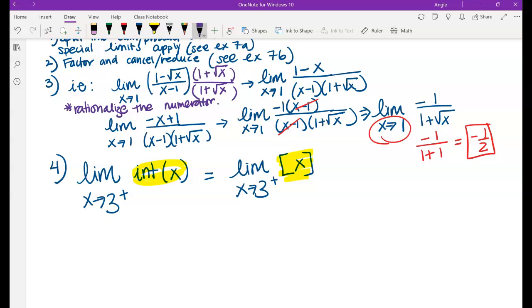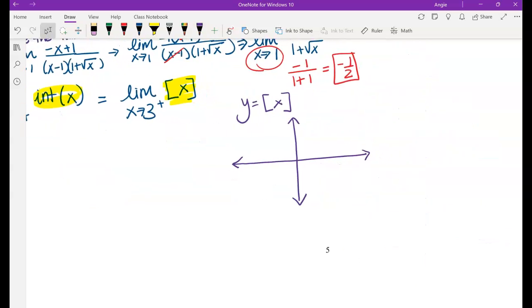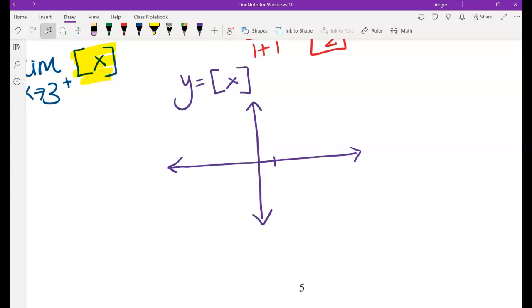So let's remind ourselves what the graph of y equals the greatest integer of x looks like. If you guys remember, these are the step functions, okay? I'm just going to make each unit here 1, 2, 3, 4, 5. If you remember, we have a step.